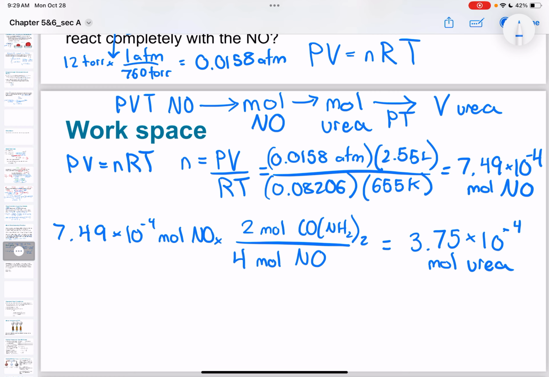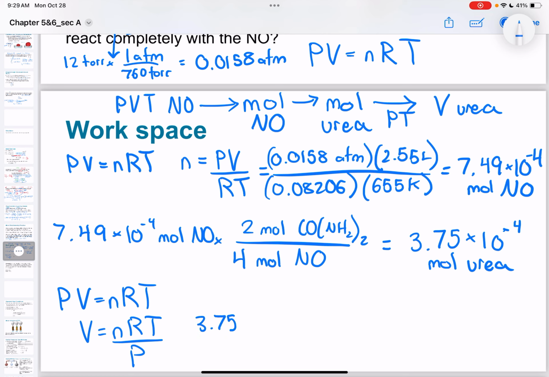And then we need to finally solve for volume. So again, we're going to do PV equals nRT. Here we have n and we're trying to solve for V. So I'm going to rearrange that equation as nRT over P and plug everything in.